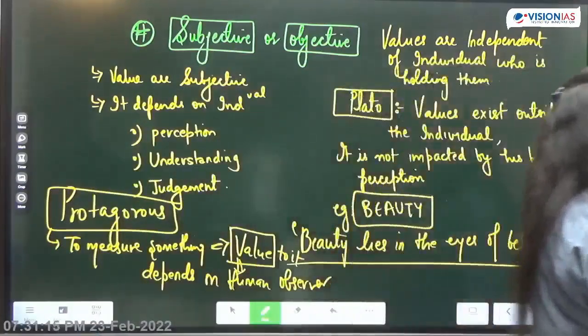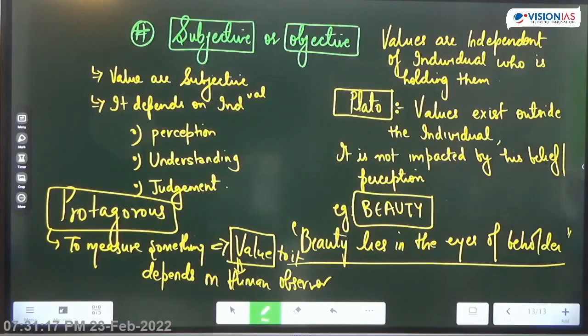Different school of thoughts हैं जो exist कर रहे हैं. तो what is good, what is truth, what is beauty, that depends upon the human observer. Because to measure something, it is the human who is giving it a value, right? So what is that value? It will depend upon the human observer. So largely it is perceived that the values are subjective in nature because there can be individual differences based on the perception, understanding, judgment.